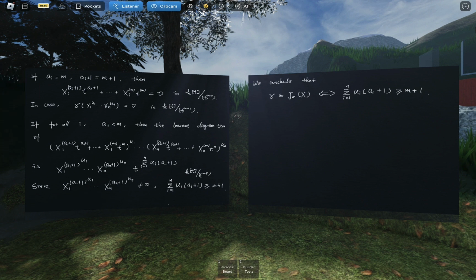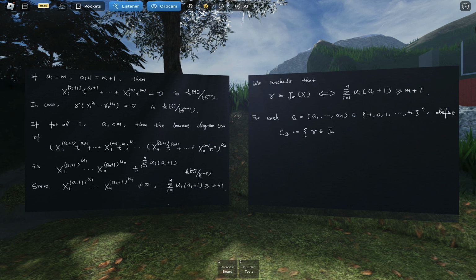So now let's write that down. For each tuple here, let's define this set.